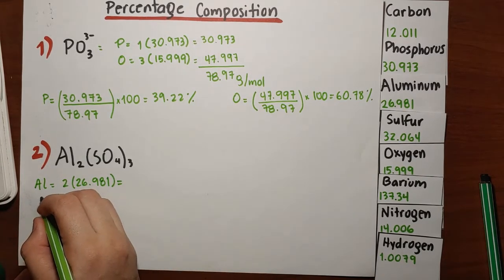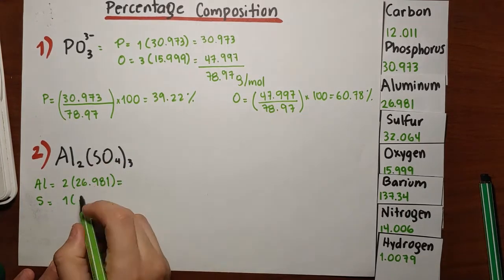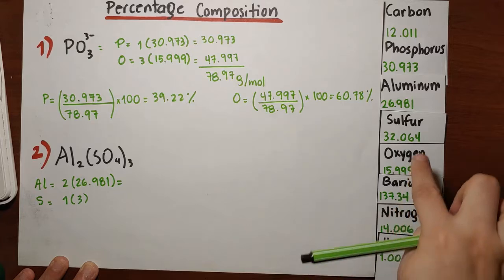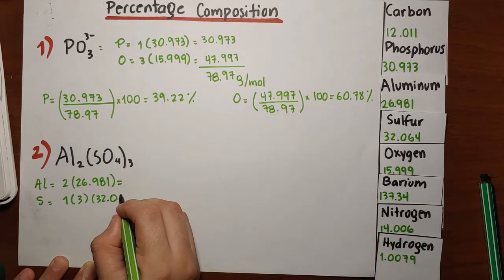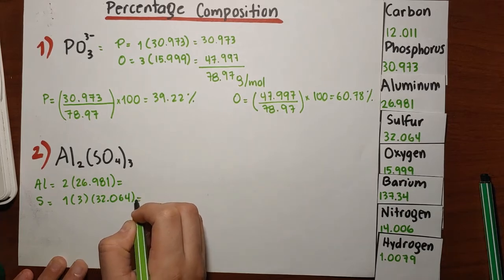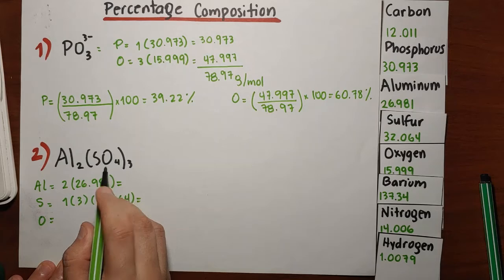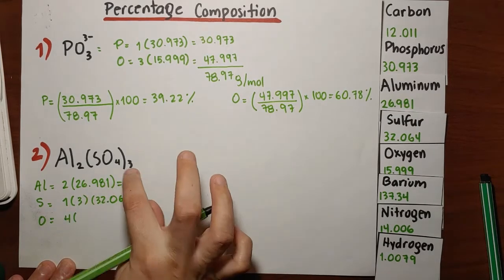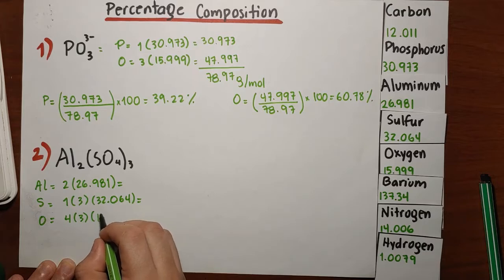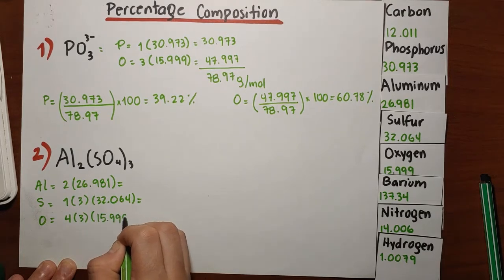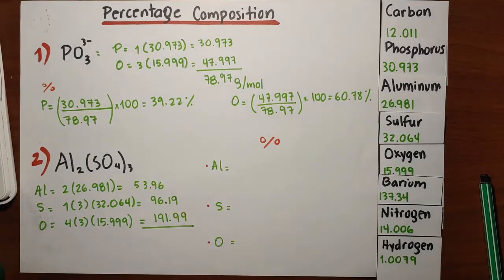We have then sulfur, we have 1 here times 3 outside times sulfur's mass, which is 32.064. Oxygen is 4 inside, 3 outside, times its atomic mass, that is 15.999.